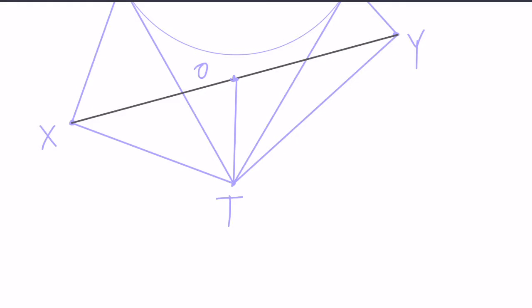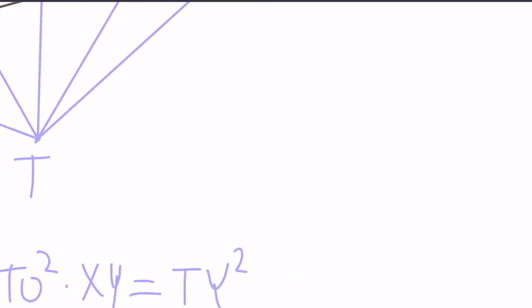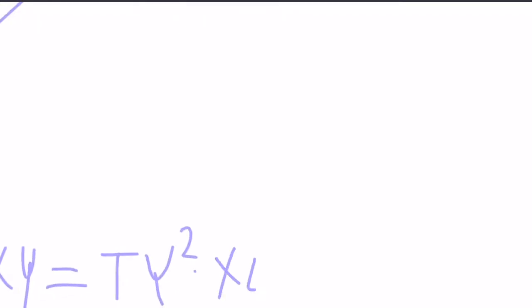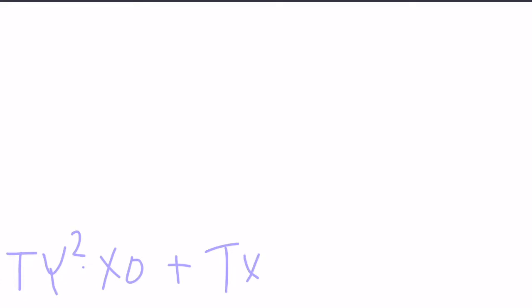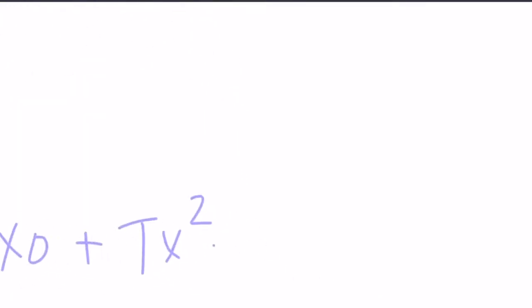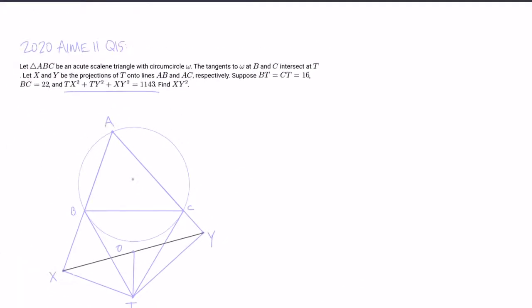So we have man plus dad is equal to bmb plus cnc, which is Stewart's in whichever form you are familiar with.